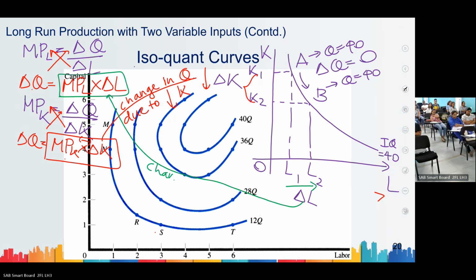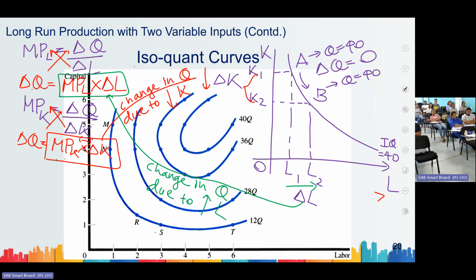Change in output due to increase in labor. So on one hand, capital input decreases and the change in output is this much.